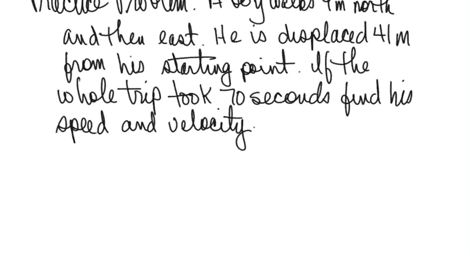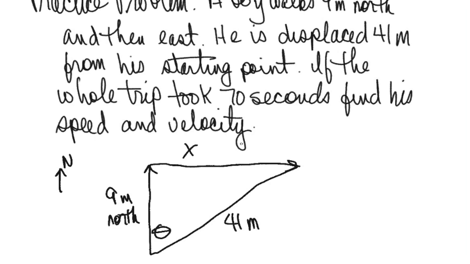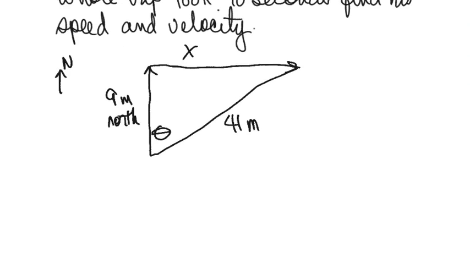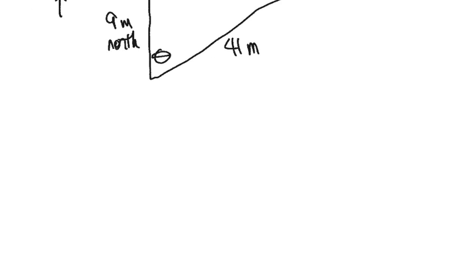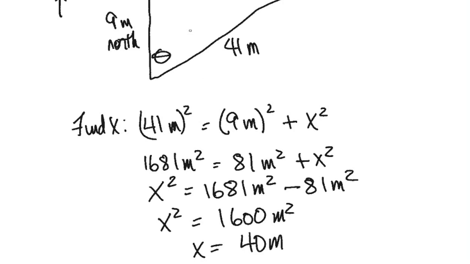Okay, I hope you worked the problem and now go ahead and read the solution. I drew the diagram, 9 meters north, some unknown distance x to the east, displacement of 41 meters. Now, I need to find how big x is. So I use the Pythagorean theorem, and I do all the arithmetic, and I end up with 40 meters.